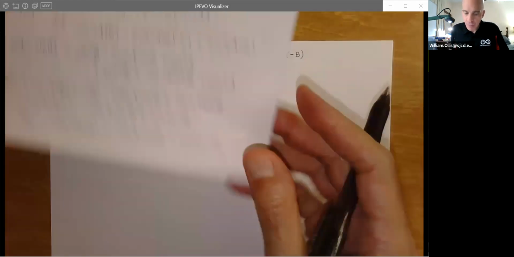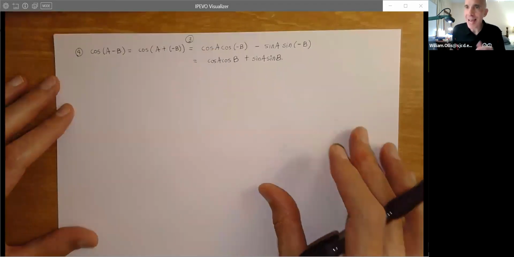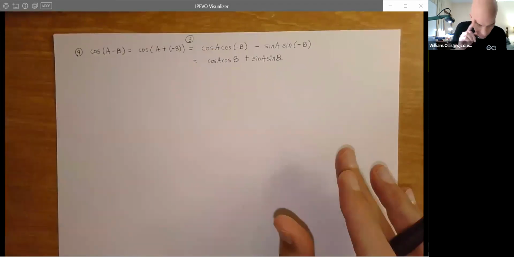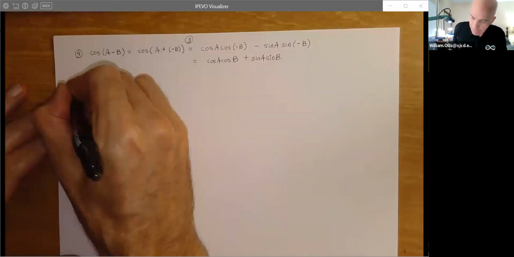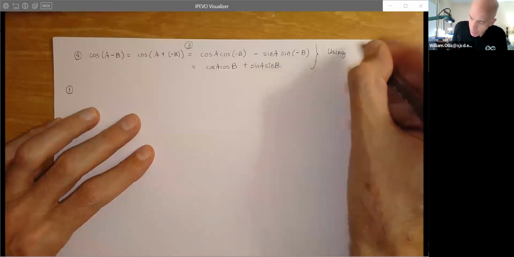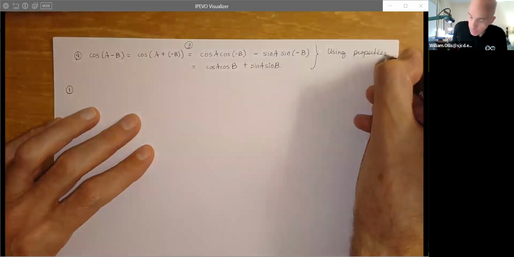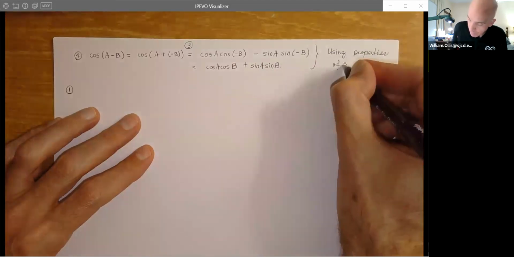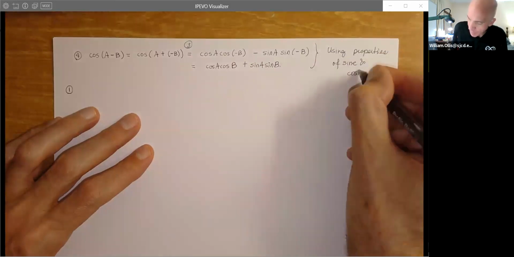Now, what about 1 and 2? Well, cosine and sine are cofunctions, so those will be easy too. So I'll just say using properties of sine and cosine. I mean, that's obvious, but that's what we're doing.